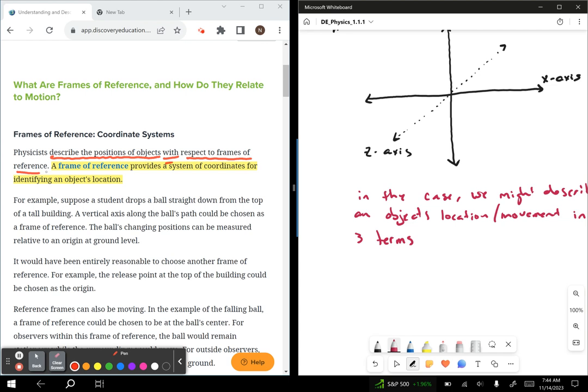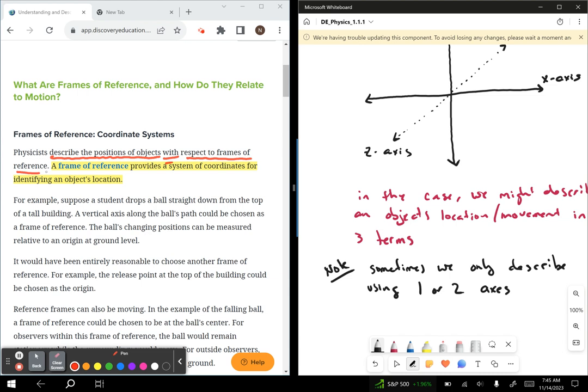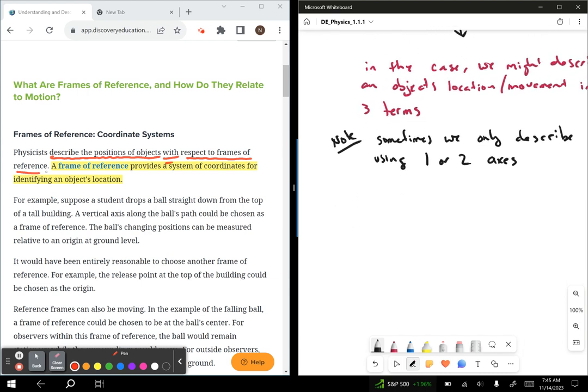We could have just purely a two-dimensional axis. Okay. Note, sometimes we only describe using one or two axes, right?